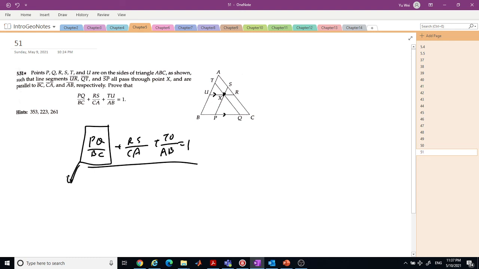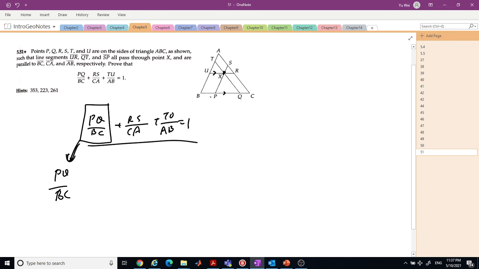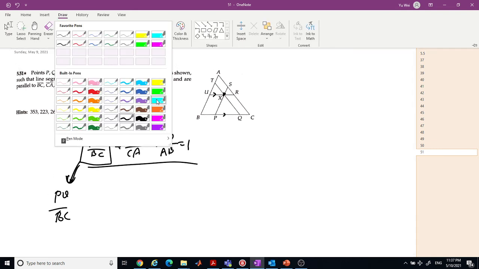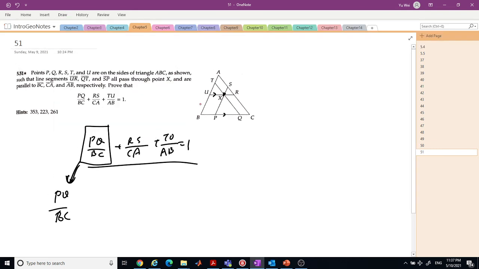Let's use BC as a reference. PQ over BC stays the same. Now RS and CA: this is RS, and CA is the big one.